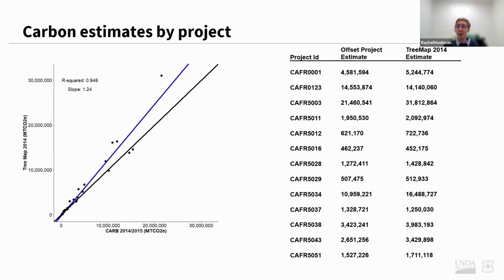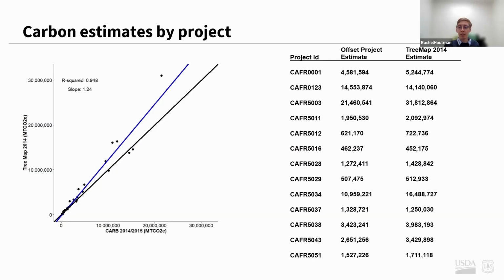So I'm verbally going to credit her, and I will fix this slide before I share it. But what we found was TreeMap does a pretty good job. We've got TreeMap here, and we've got the carbon project carbon at the bottom. TreeMap does a pretty darn good job of estimating the carbon when compared with those project level estimates.